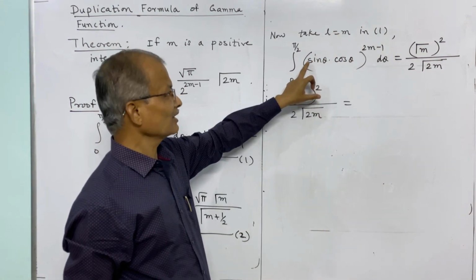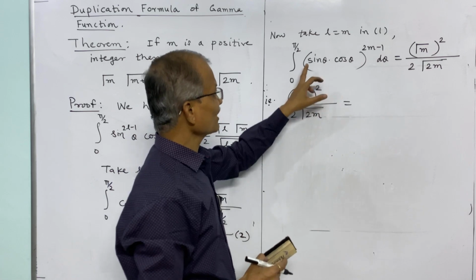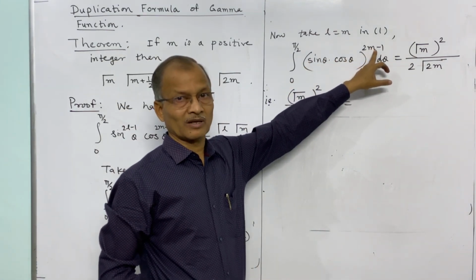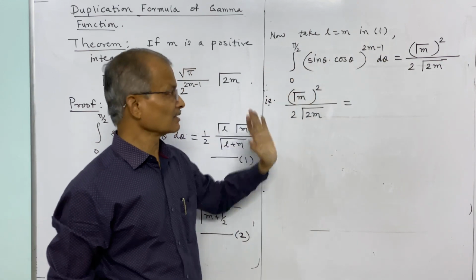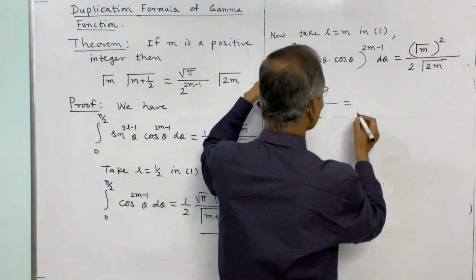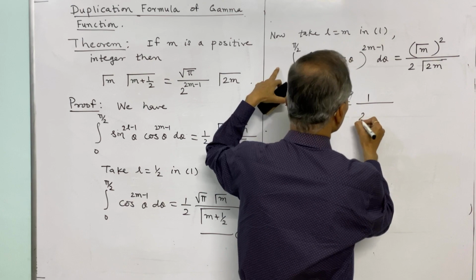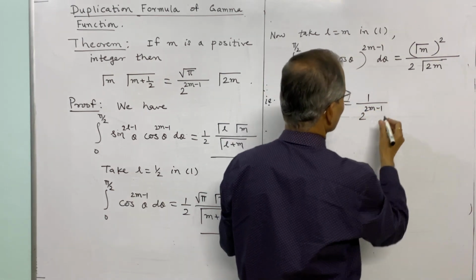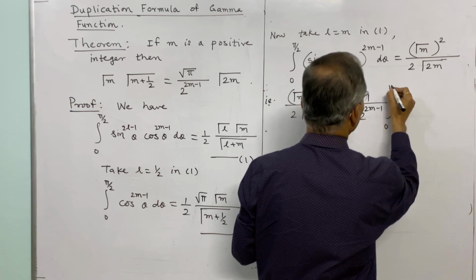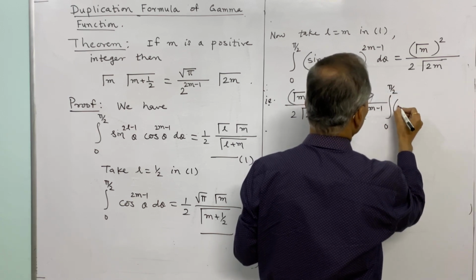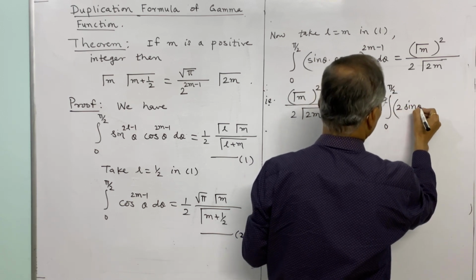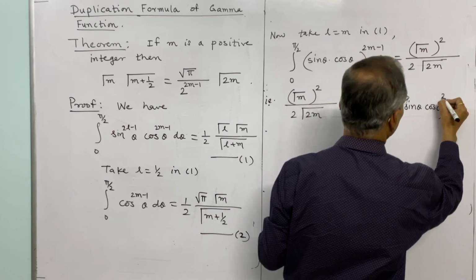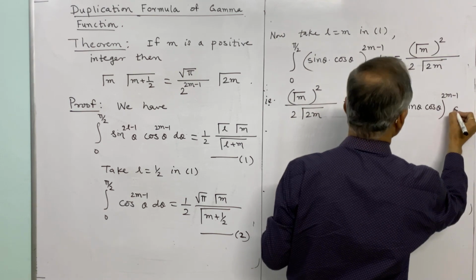So therefore I shall consider 2 here, and if I consider 2 here, 2 will be with power 2m minus 1, and that extra term is to be cancelled. So on this side I shall write 1 upon 2 to the power 2m minus 1 into integral 0 to pi by 2, 2 sine theta into cos theta raised to the power 2m minus 1 into d theta.